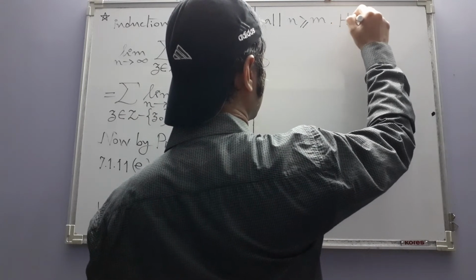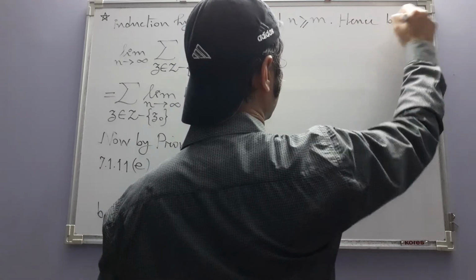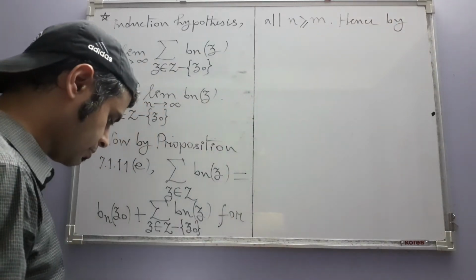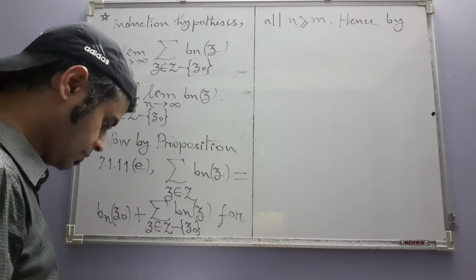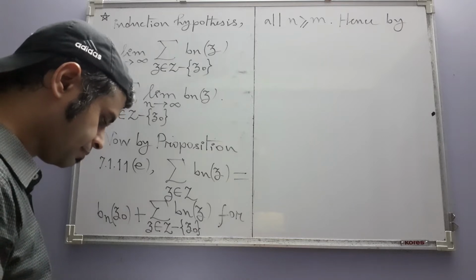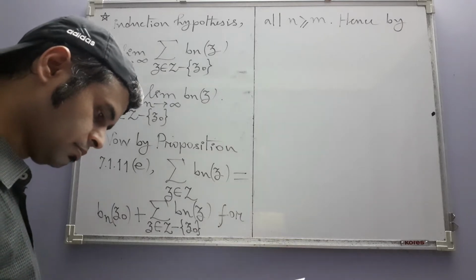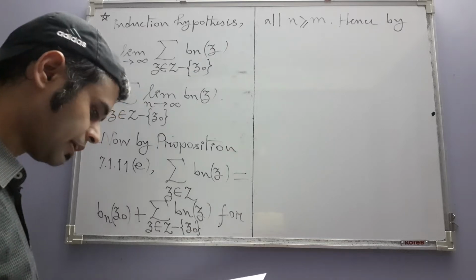Hence, by limit law, which is what is the number of that thing? Theorem 6.1.19. Yes.